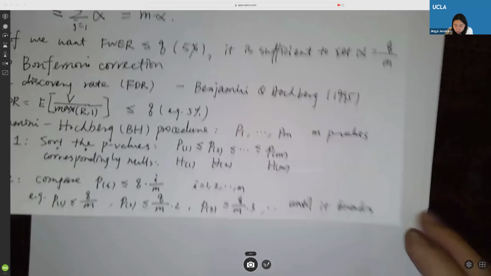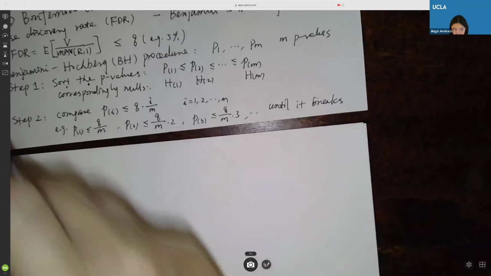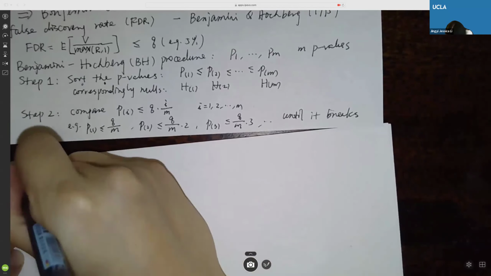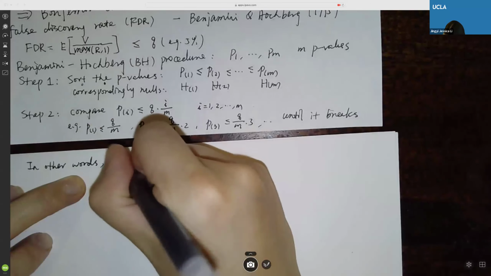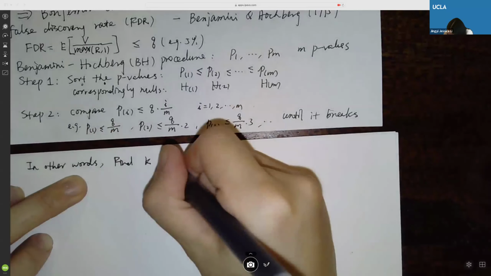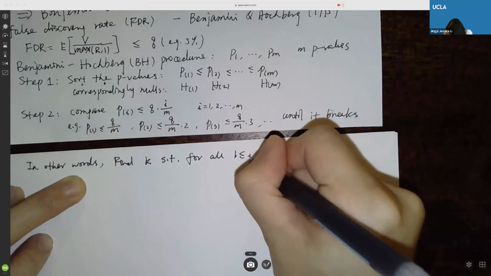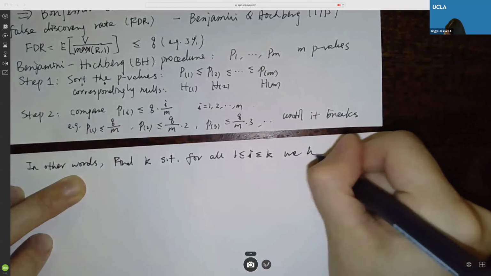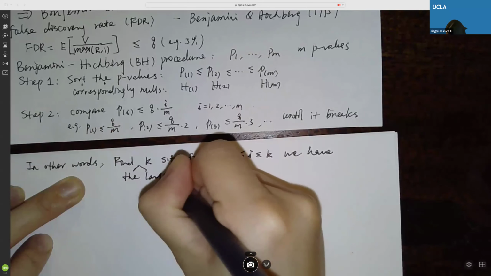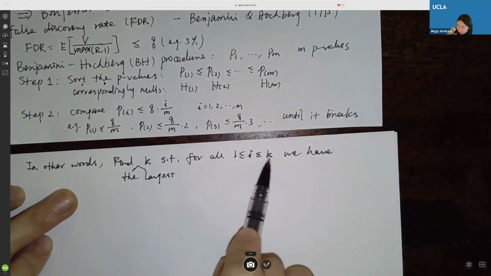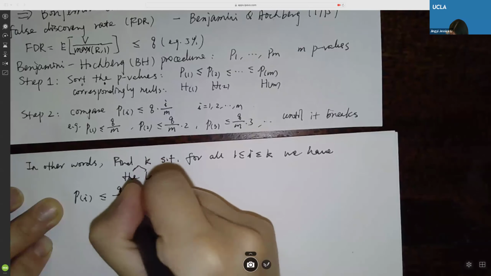So in other words, you want to find the largest K such that for all i smaller or equal to K, we have pi less or equal than q over m times i.